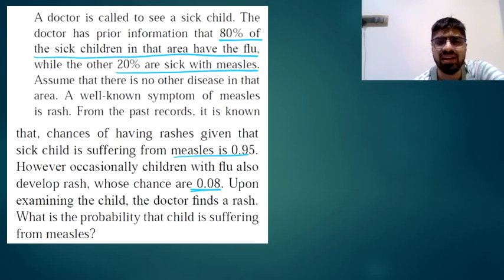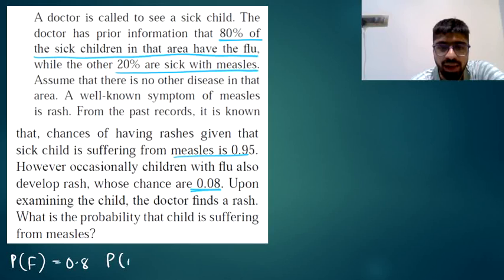Easy question, exactly like the things that you have done earlier. Let's begin interpreting the question. So 80% have flu and 20% have measles. So P of F is 0.8, P of M is 0.2. They have said that in measles, the probability of developing a rash is 0.95.